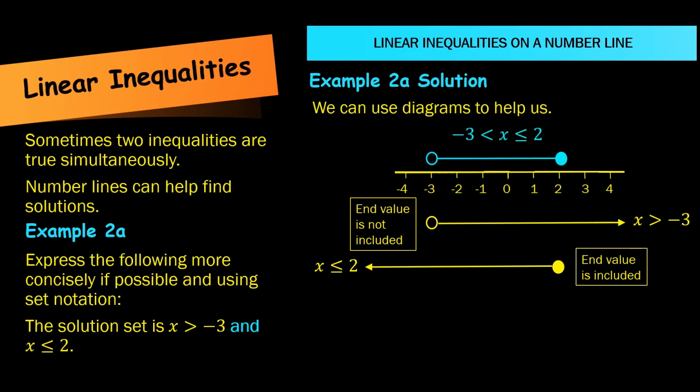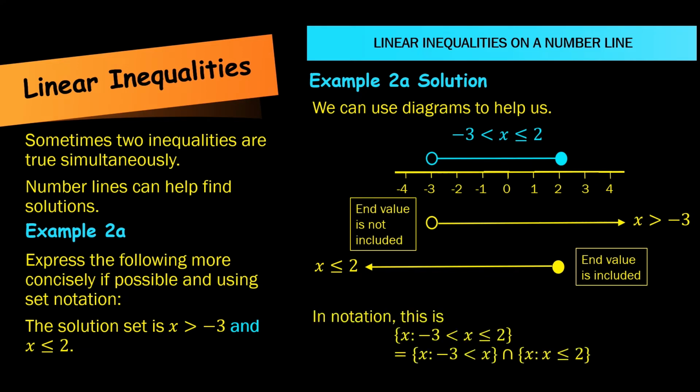If we're looking for the region x greater than -3 and x less than or equal to 2, then both have to be satisfied simultaneously. So x has to be greater than -3 and x has to be less than or equal to 2, giving us in notation that the solution set is a set of x such that -3 is less than x is less than or equal to 2.